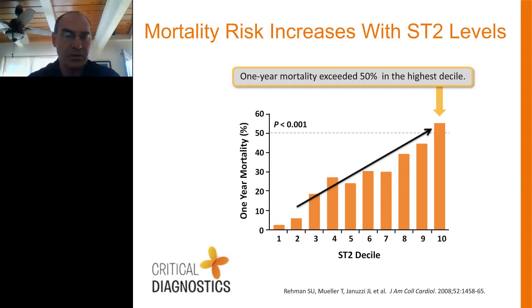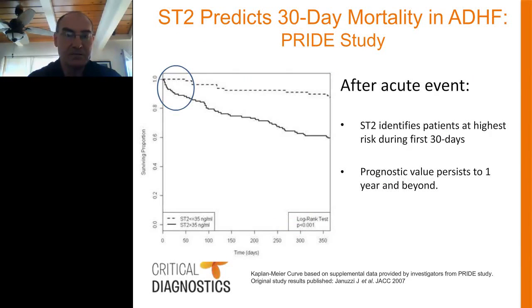And once you cross the threshold, and this arrow indicates essentially that 35 nanogram per mil threshold, and then as we increase concentrations by decile, we get to very, very high risk, greater than a 50% risk of 1-year mortality at the highest concentrations. So it provides you something that's informative, potentially actionable, but certainly informative on what this patient's biological profile is in the context of their disease.